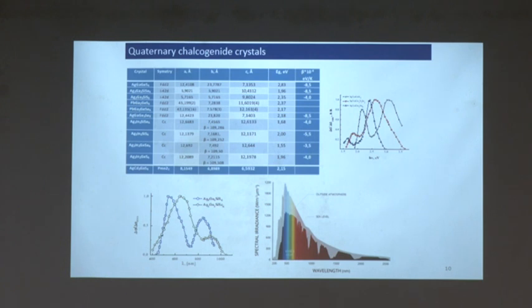Here we also have information on how we can use chalcogenide materials, not halide perovskite materials, for absorber application, because, for example, we can utilize such an absorption band and generate photocurrent in a wide spectral range.